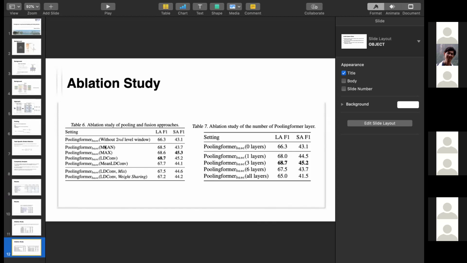So I asked these questions for our own work, and how about CodeBERT? Suppose we have a long sentence or long method body. Suppose it actually consists of 2,000 tokens, can CodeBERT handle this issue? Yeah, I think yes.